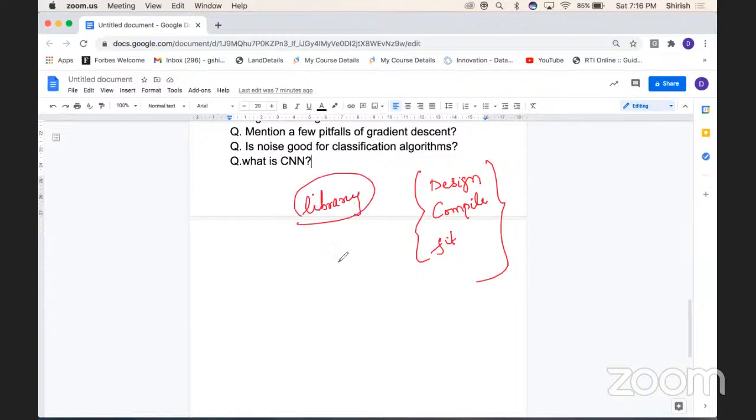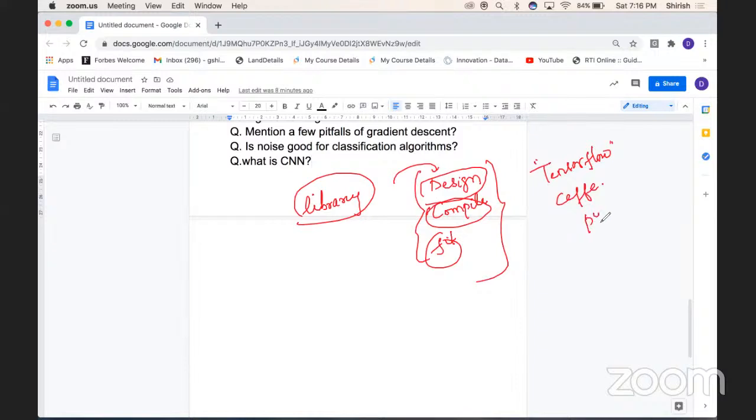You want to write a custom function, or pull some library, or decide how you are going to perform this design, then do compilation, and fit the model. So you are using TensorFlow, right? Caffe, right?